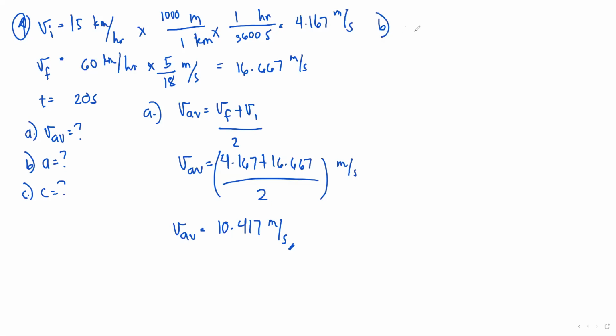Next, let's solve B, acceleration. Acceleration is equal to final minus initial all over time taken. So, 16.667 minus 4.167 divided by 20. The final answer is an acceleration of 0.625 meters per second squared.